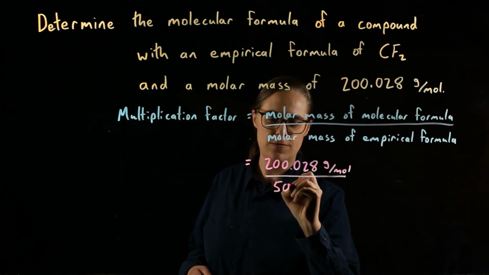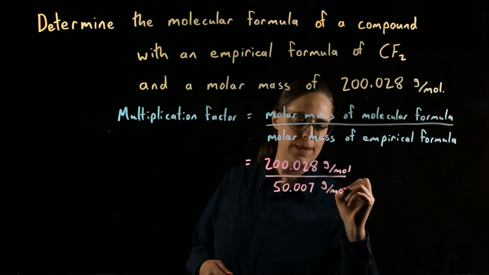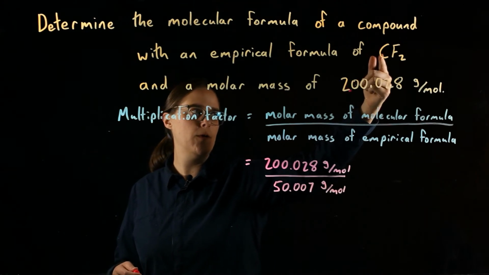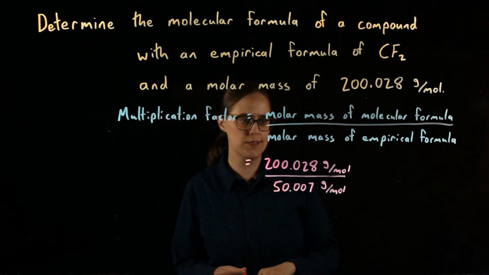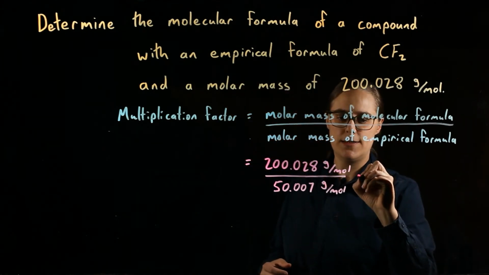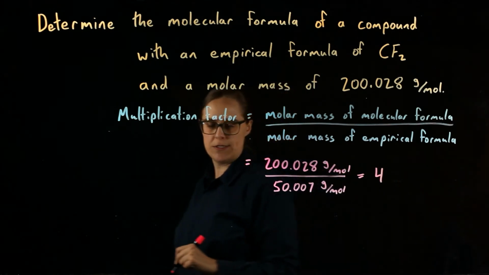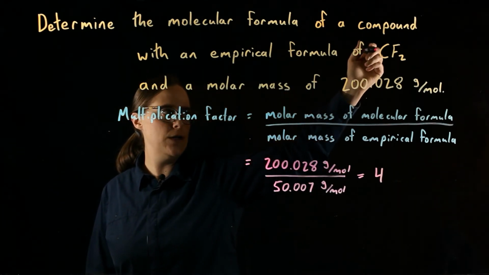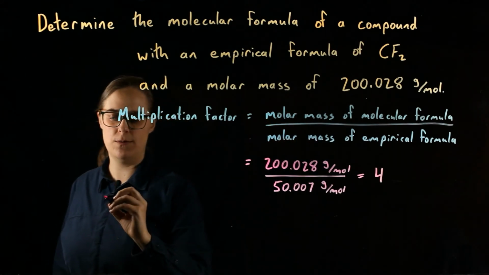That was 50.007 grams per mole. That would be 1 times the mass of carbon from the periodic table plus 2 times the mass of fluorine from the periodic table is 50.007. And this gives us a whole number. This gives us 4. What we just calculated is what number we need to multiply our 1 carbon and 2 fluorines by in order to get to our molecular formula.